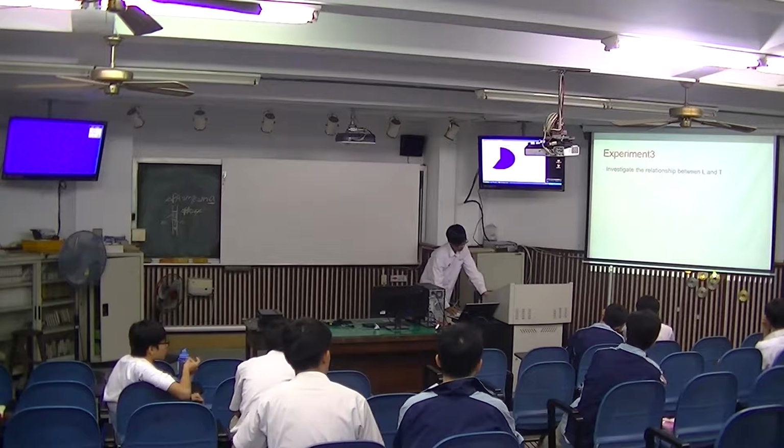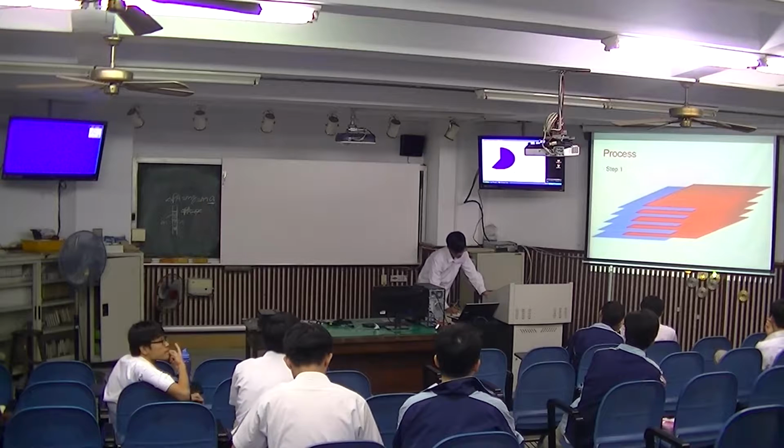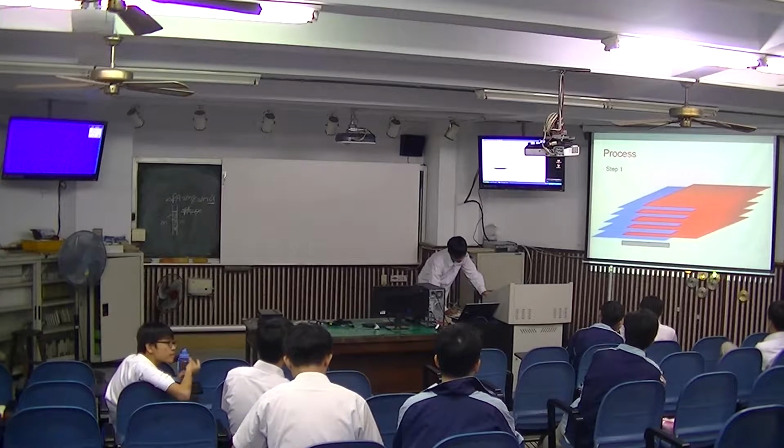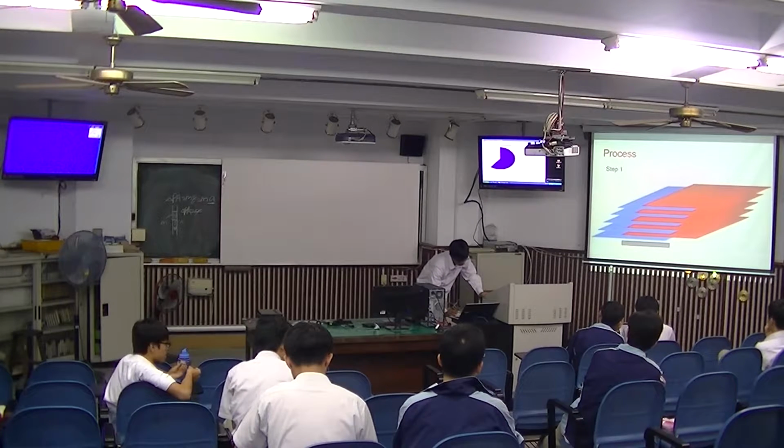And in experiment 3, we want to investigate the relationship between L and T. We have a ruler to measure the end of the overlap part.